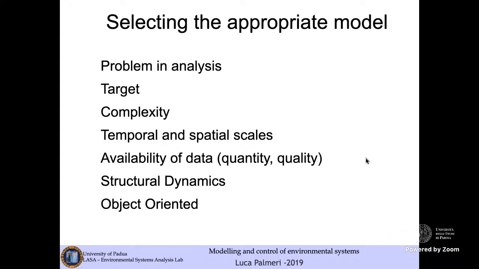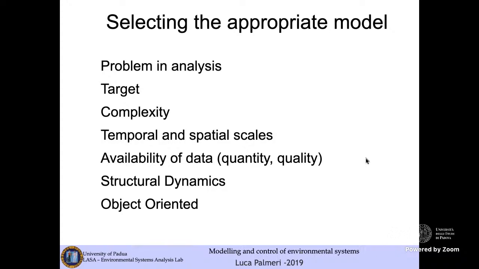Then other epistemological guidelines are linked to the sophistication of your description. For example, structural dynamics models are models in which you try to include the structural variability or structural dynamicity of environmental systems. I recall you, structural variability means the onset of a flow.